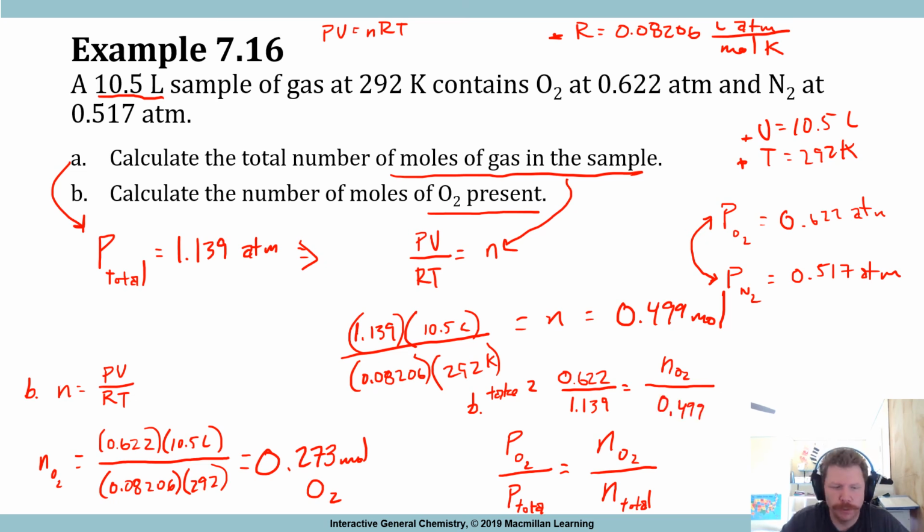So I'm going to do the algebra to solve for N sub O2. So 0.499 times 0.622 divided by 1.139. And lo and behold, my N sub O2 is equal to 0.273 moles of O2. So this is part B down here.